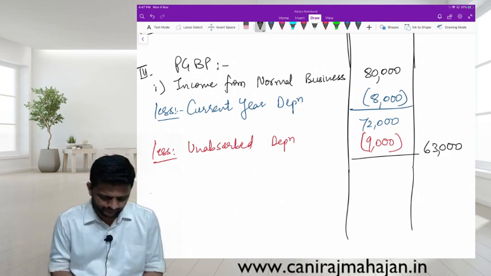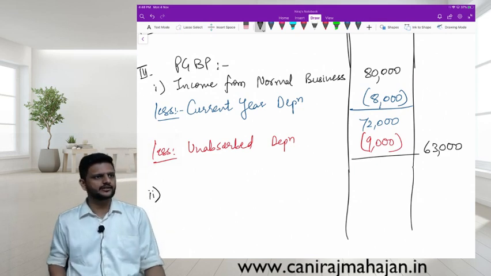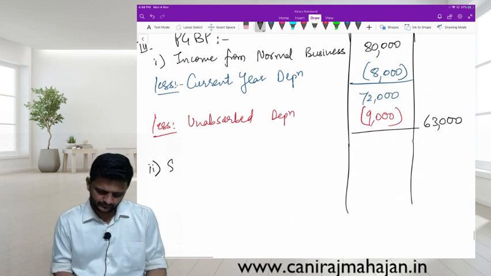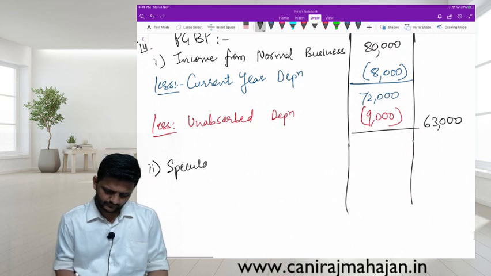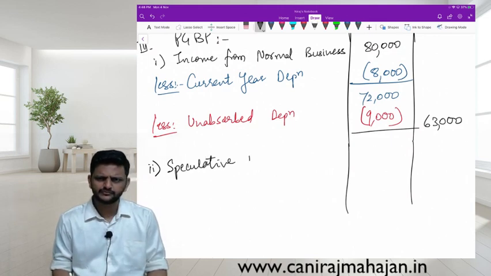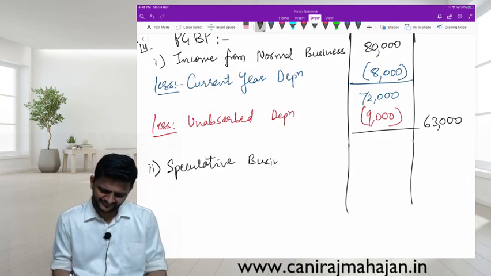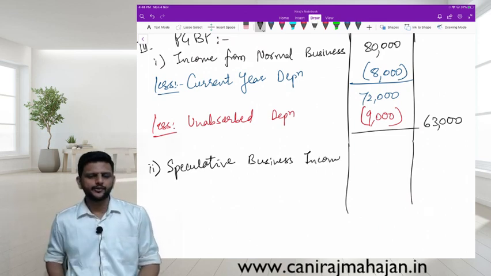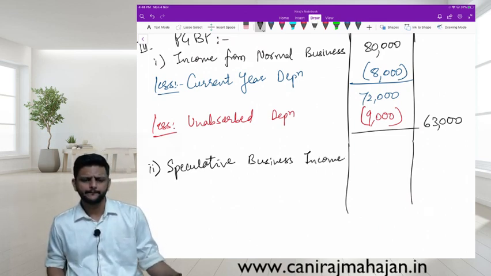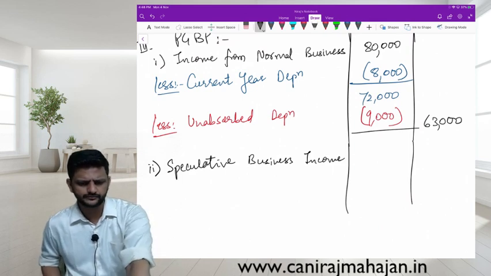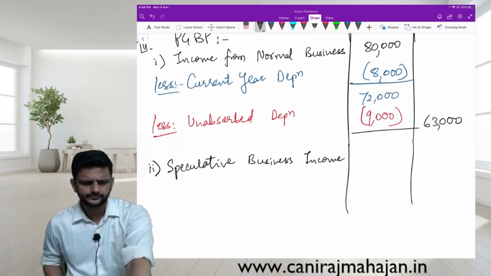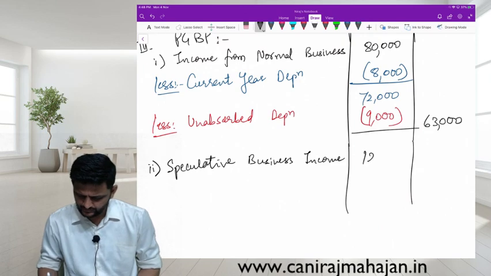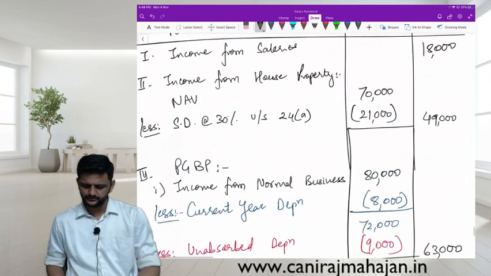We have one more income from the same head of income: speculative business income. It's calculated. How much is the income? 12,000. Can we reduce something from there?